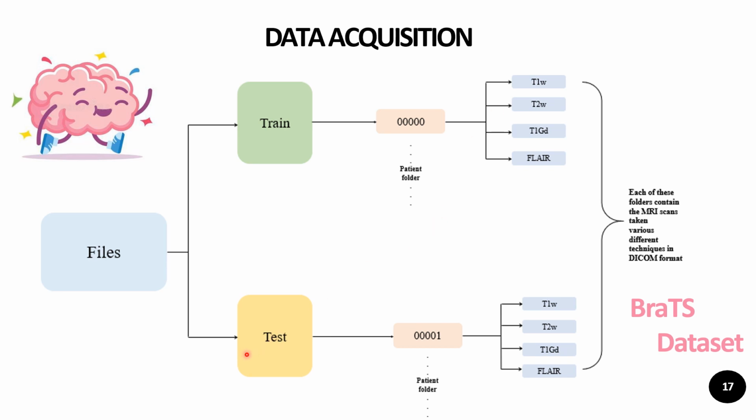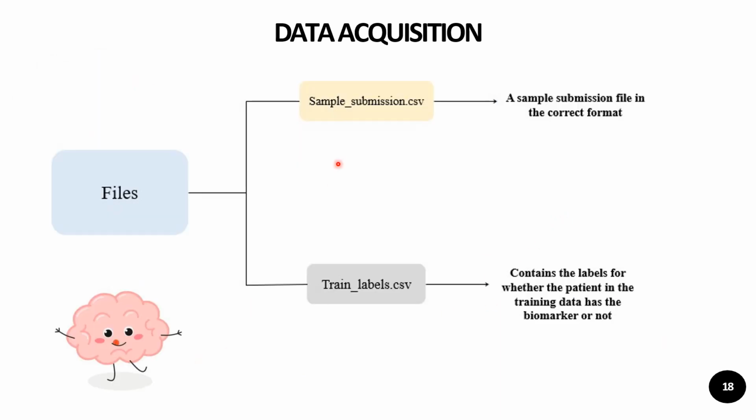The testing dataset is another folder, so it also contains 4 modalities. Another file is the CSV file. The provided CSV file contains the label for whether the patient in the training data has the biomarker or not. It means it gives the value of MGMT, either 0 or 1.